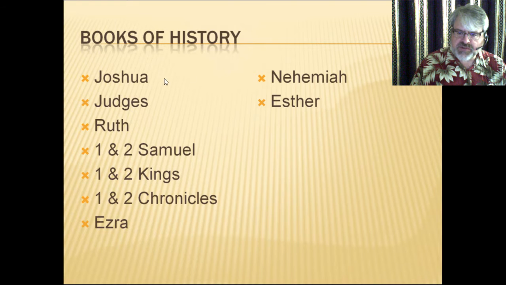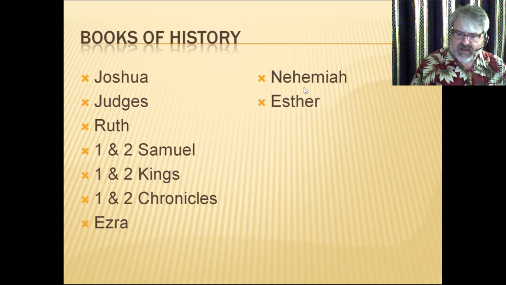Then you have the books of history: Joshua, Judges, Ruth, 1st and 2nd Samuel, 1st and 2nd Kings, 1st and 2nd Chronicles, Ezra, Nehemiah, and Esther. This is a history of Israel from the time of their crossing the Jordan River into the Promised Land. Esther includes the captivity in Persia.